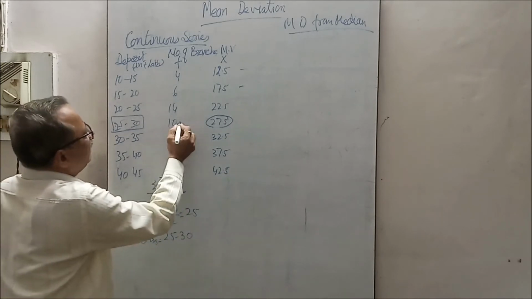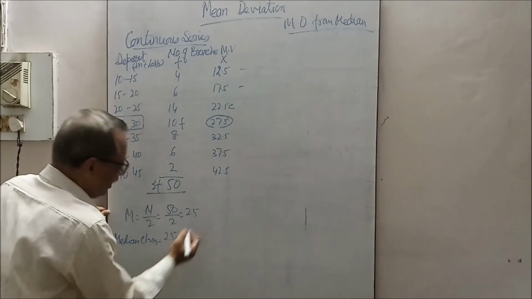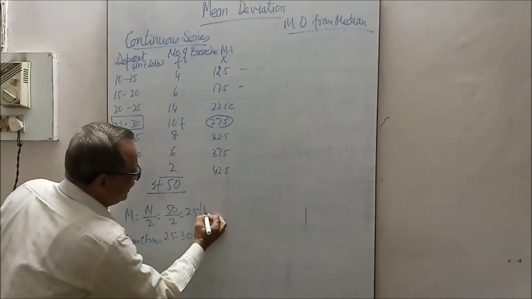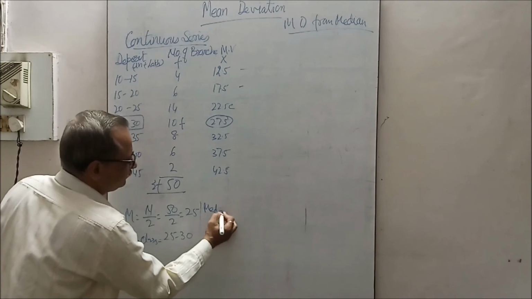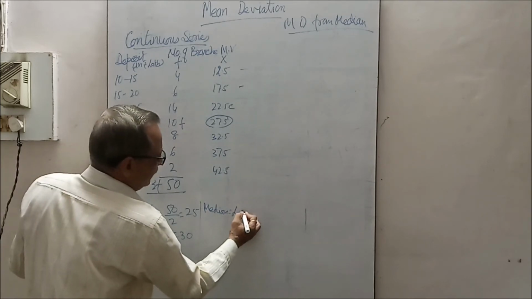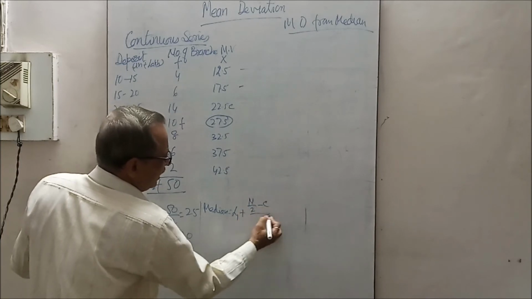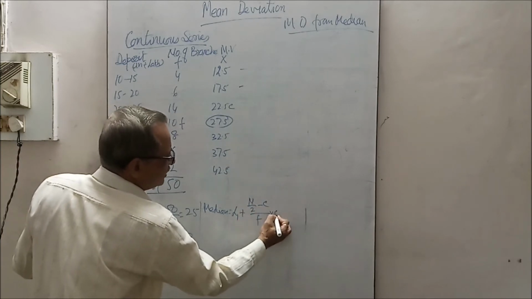Now the frequency of this is f, and this is C, the cumulative frequency. Put in the formula: median is equal to L1 plus n by 2 minus C upon f into c.